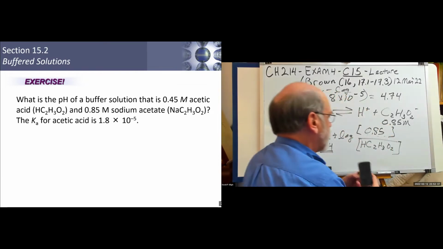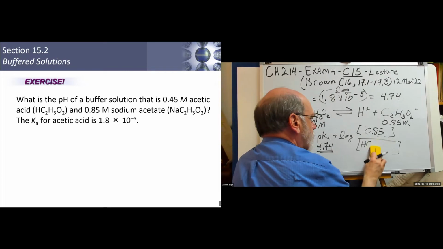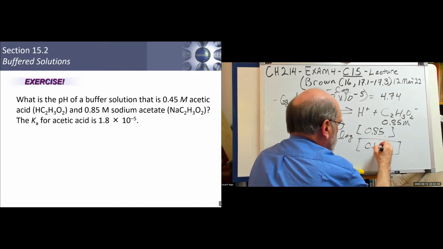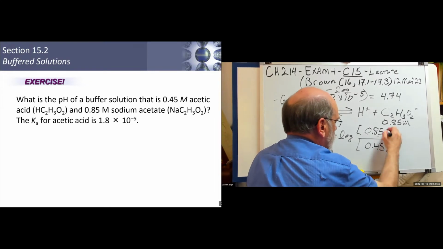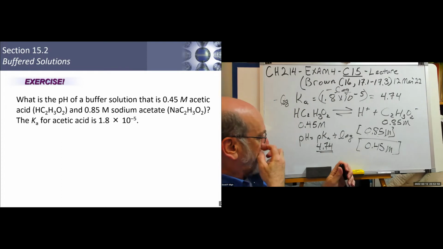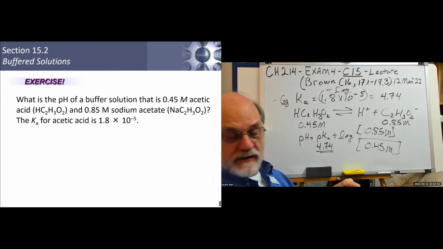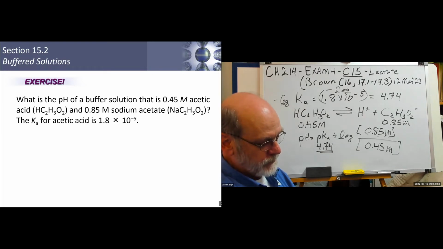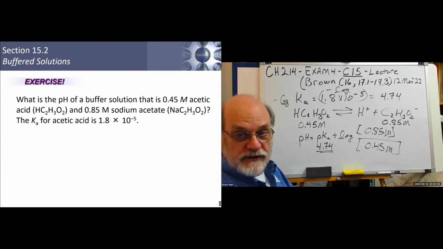And this one would be 0.45 molar. Okay. So now to find the pH, all we have to do is find that ratio, 0.85 divided by 0.45, and then take the log of it and add it to 4.75.